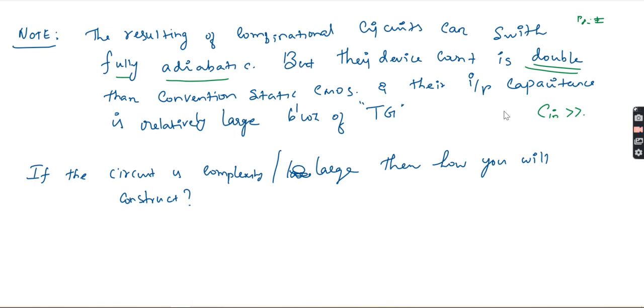So what do we need to do? One idea is to use partially adiabatic circuits. The second thing is, if the circuit is very complex or large, how are we going to construct it?